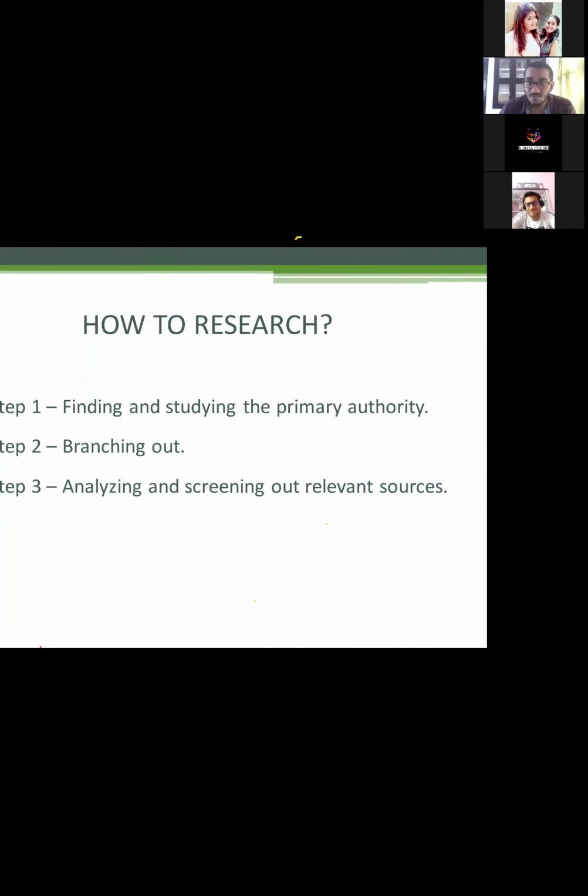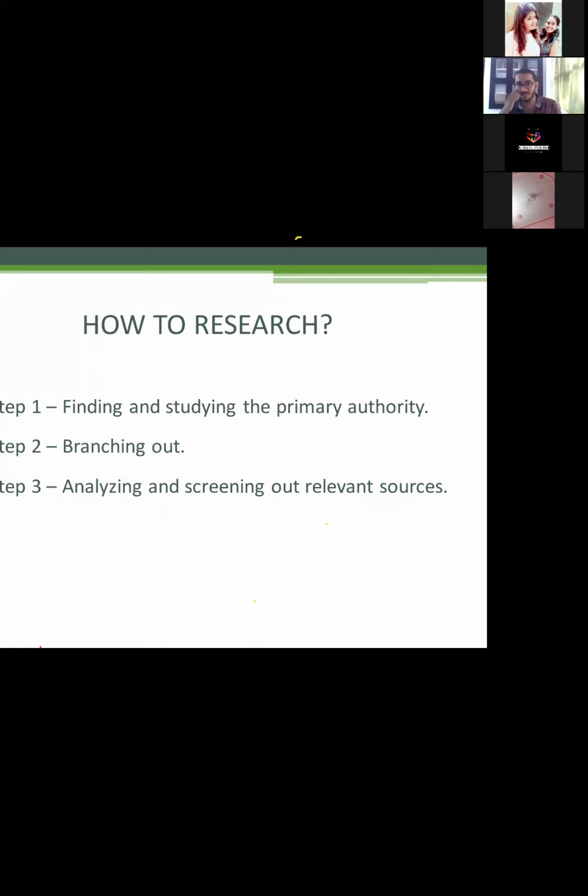So you need to analyze what is important and what is to be taken into account. But analyzing it also gives you an important idea of what is left out and why it should be left out. And screening out means that in your memorial you need not include all that is included in this branching out.